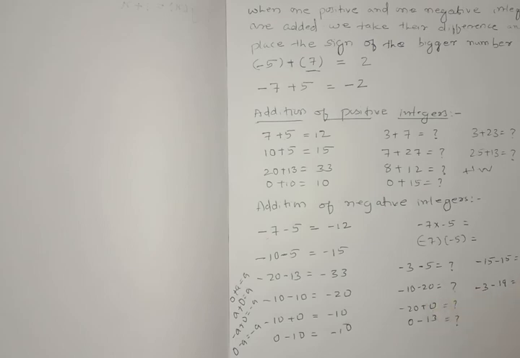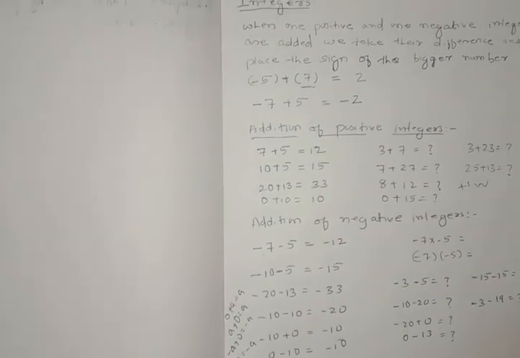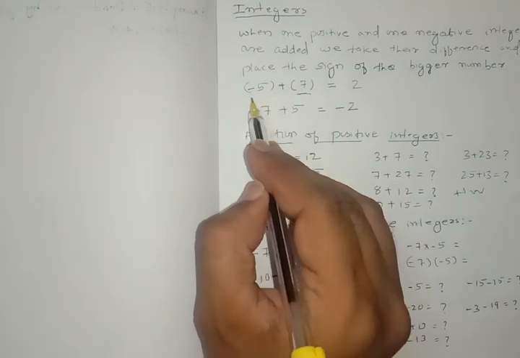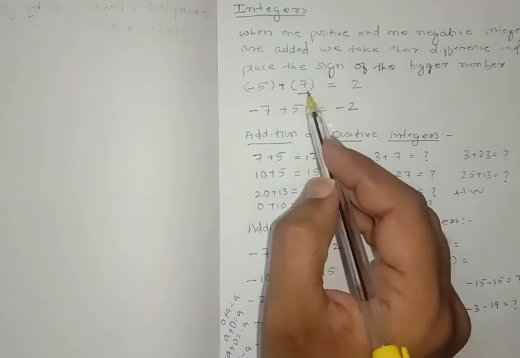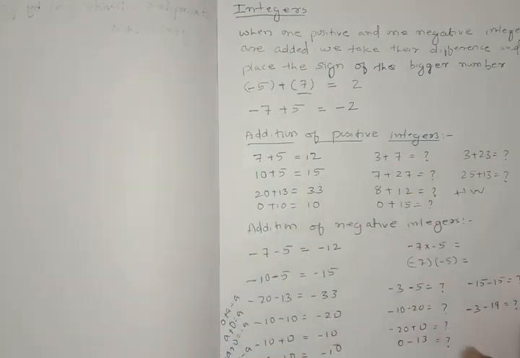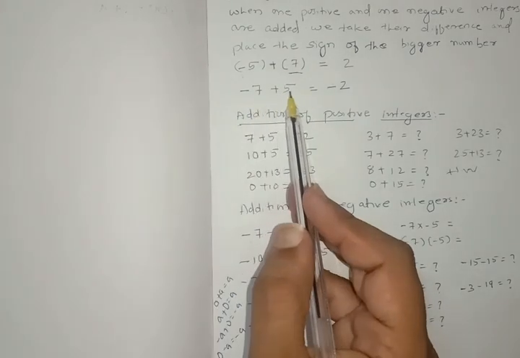I hope you understood. In the next class we will see some examples where one integer is negative and another integer is positive. Those problems we have not done here. In the next class we will see what we have to do if one number is negative and another number is positive.